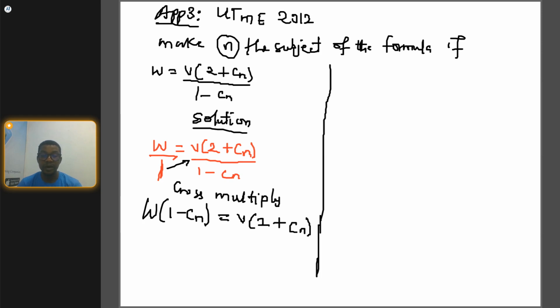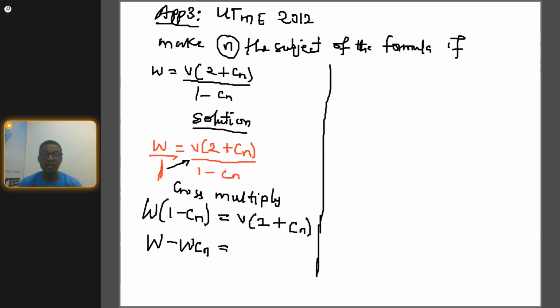Okay. So another tip is that when you have a bracket, you first have to expand the bracket, that is, open the bracket. W multiplied by 1 is W. W multiplied by Cn is WCn.